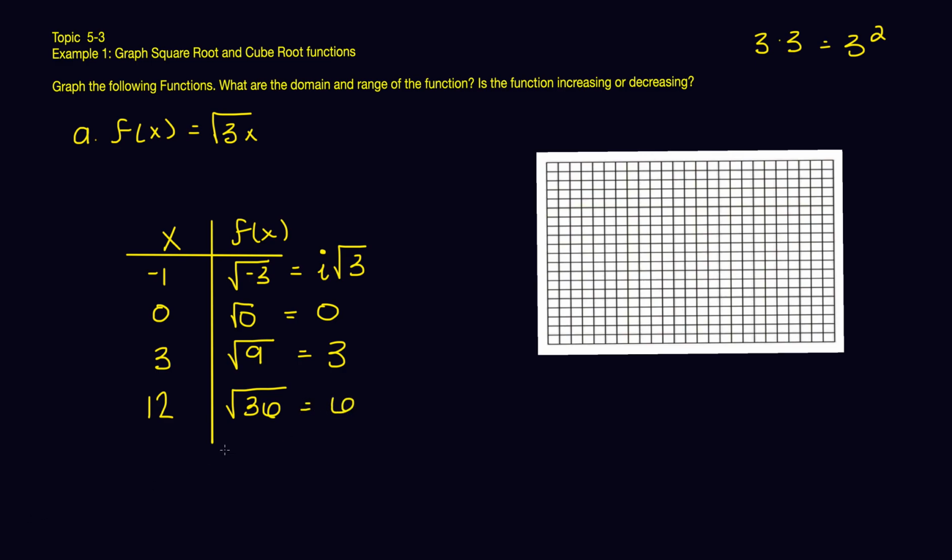We could continue going through this. They select 27 for the next one so that we can continue that idea of perfect squares. Now I have my points to graph.